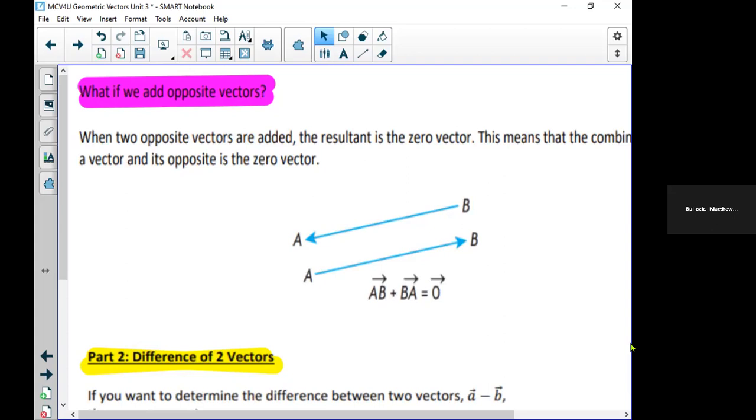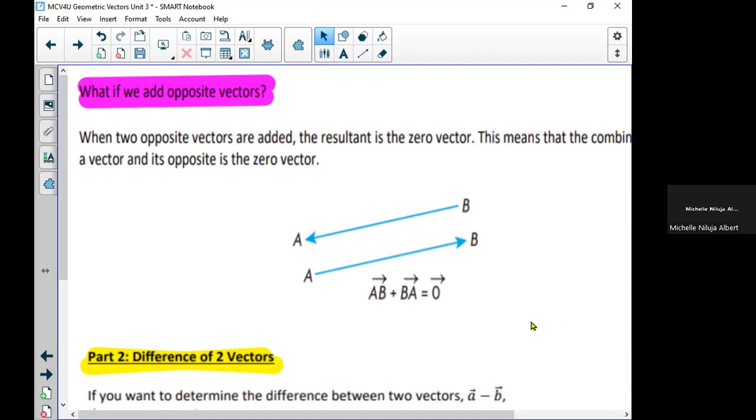They have the same magnitude but opposite directions. Adding these two vectors together is equal to our zero vector, and look how we notate this: it's just a zero with a little arrow above it. Whenever we add opposite vectors together, we'll always end up with this as our result.